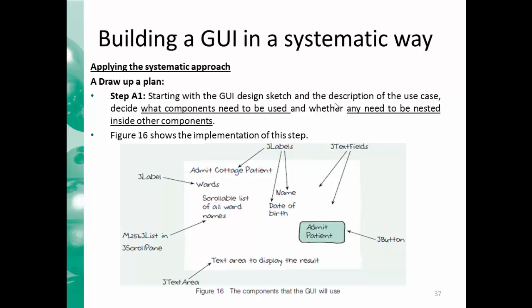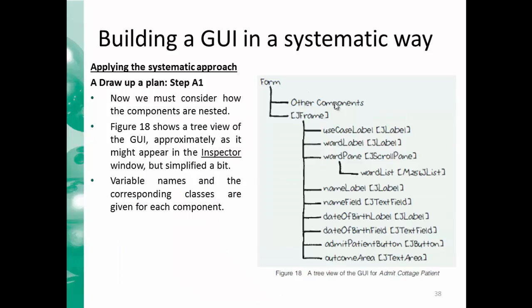In step 1, we start with the GUI design sketch and description of the use case, and decide what components need to be used and whether any need to be nested inside other components. So here we see our first drawing of a plan and step A of that plan. Now we must consider how the components are nested.